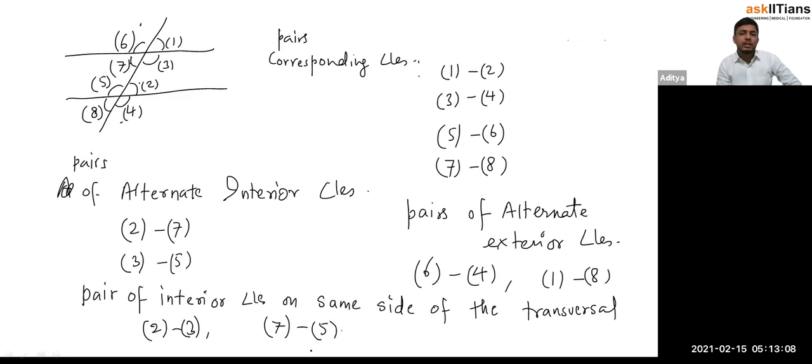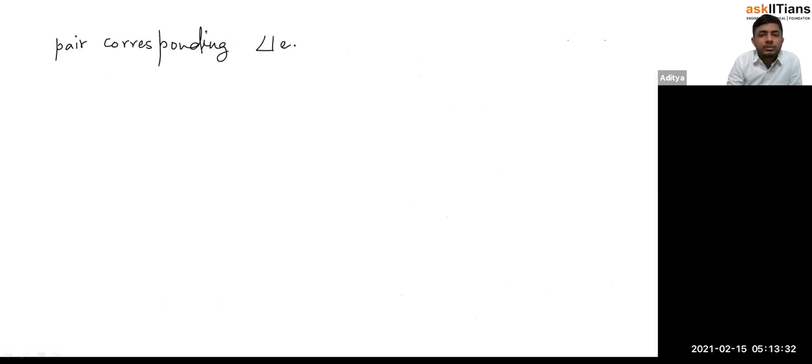Now, there are a few theorems for parallel lines. So if these two lines are parallel and the transversal T cuts the parallel lines L and M, what are some theorems? Pair of corresponding angles are equal to each other.